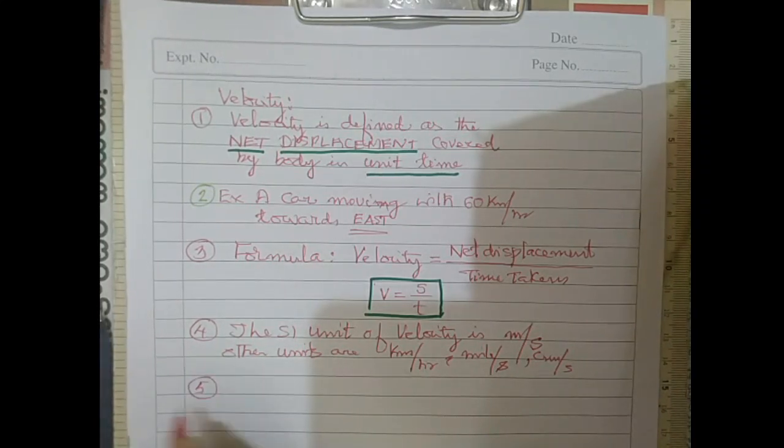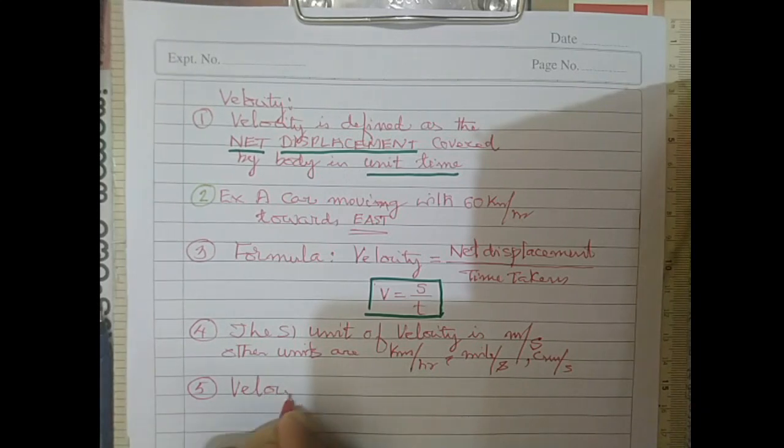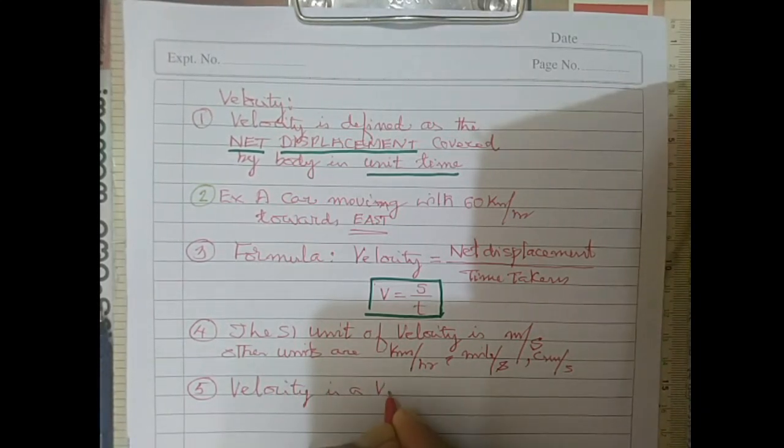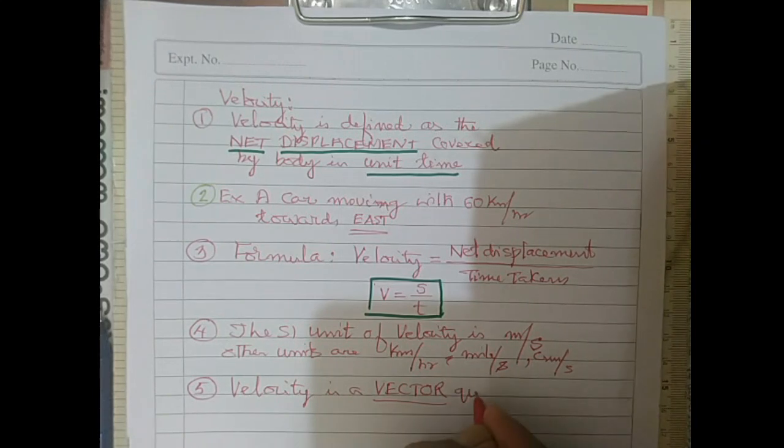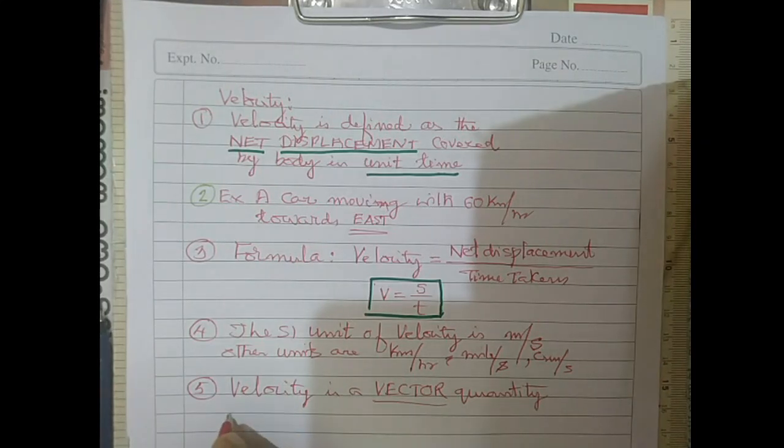Whereas the fifth point is, velocity is a vector quantity. Why a vector quantity? Because it requires a direction. Speed does not require direction. That's why it is a scalar quantity.